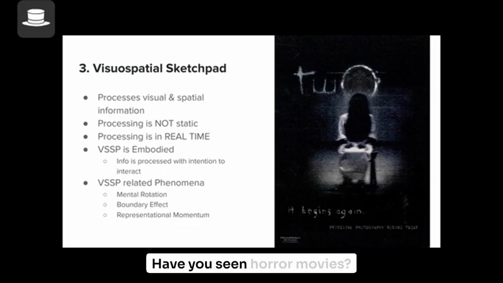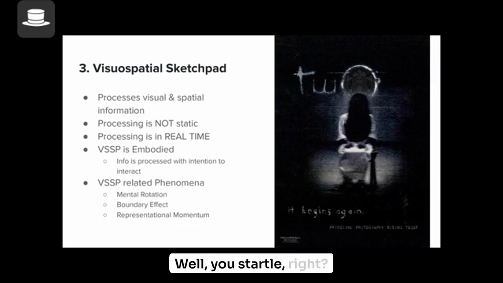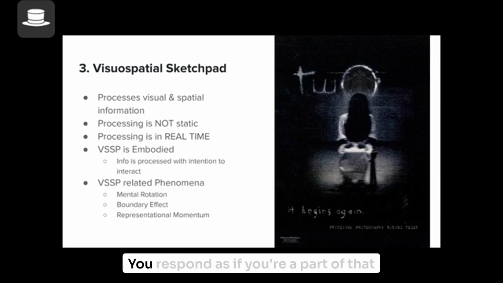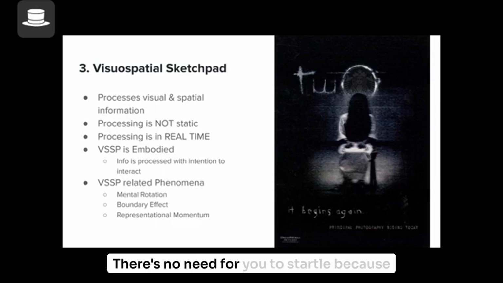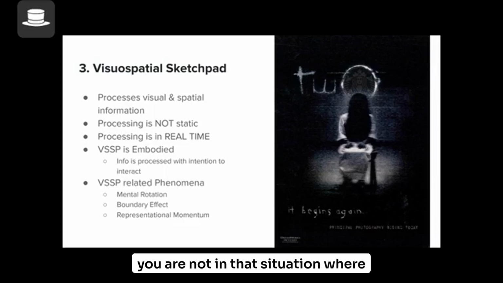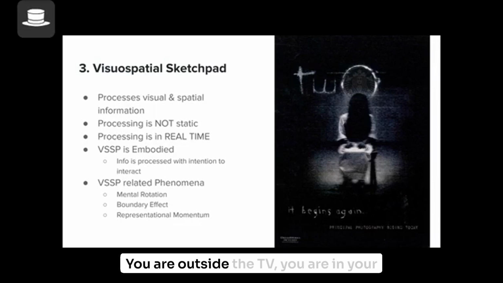Have you seen horror movies? Well, I don't, but my wife likes horror movies. What happens when you watch horror movies? Well, you startle, right? You respond as if you're a part of that particular movie. There's no need for you to startle because you are not in that situation where the story is unfolded. You're outside the TV, you're in your bedroom, you're watching the movie.